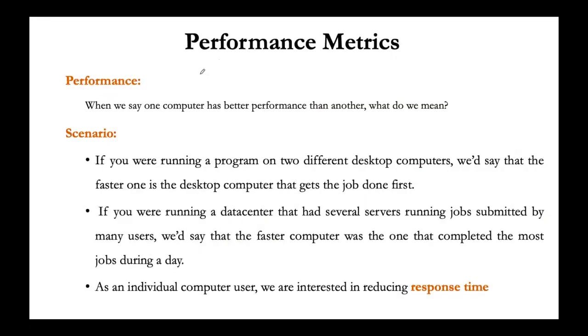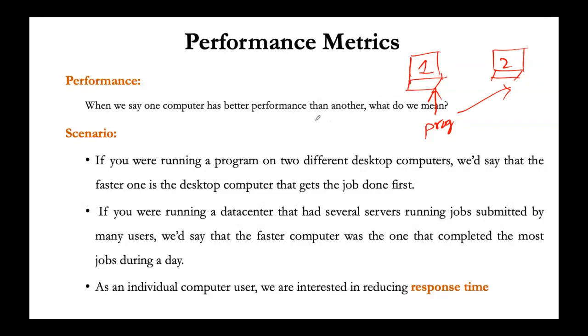So what do performance metrics mean? When we say one computer has better performance than another, what does that mean? Suppose I have two desktops, and a single program is given as input to computer 1 and computer 2.